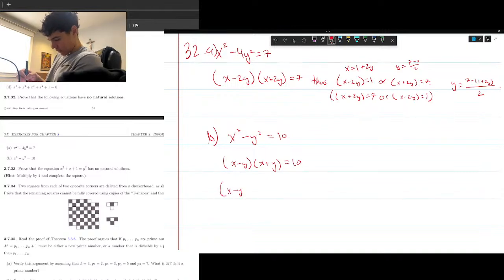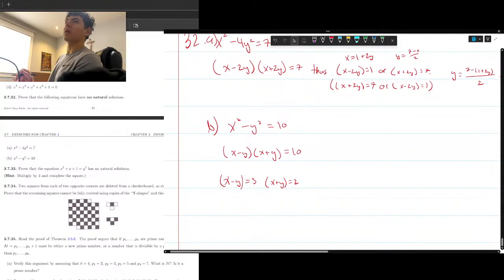I don't know if you break this up into factors, because 10 has a lot of factors. Actually, no, it doesn't. It just has 5 and 2. My bad. It has 5 and 2 and 10 and 1. So there's 4 cases, I guess you could do.